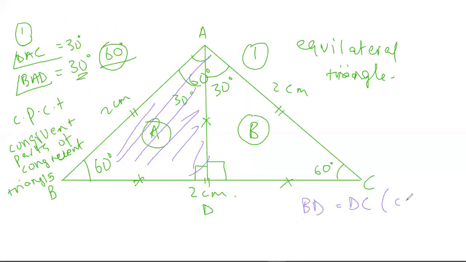Why? Because of CPCT, congruent parts of congruent triangles. So BD and DC are equal to each other. So this is 2 centimeter and BD should be equal to DC, so each side should be 1 centimeter. Therefore 1 centimeter plus 1 centimeter is 2 centimeters. So there's no problem in labeling BD and DC each as 1 centimeter.